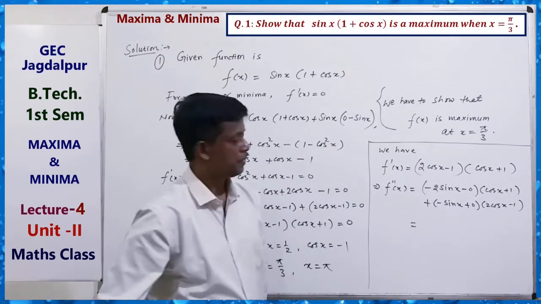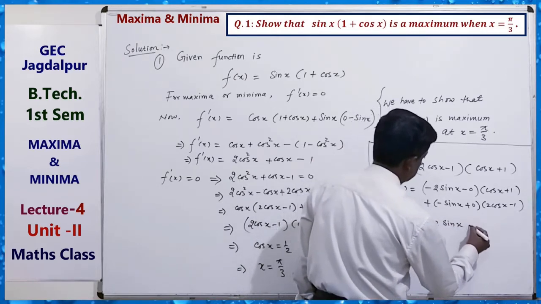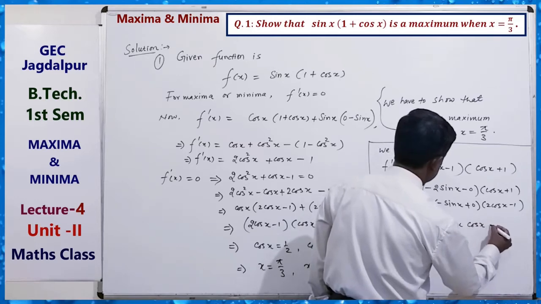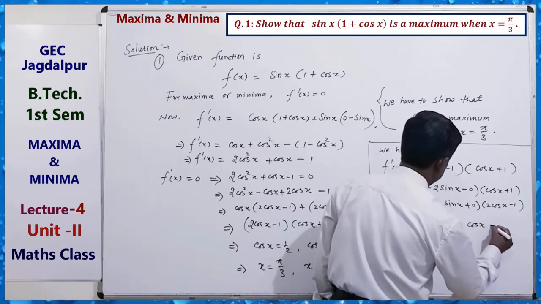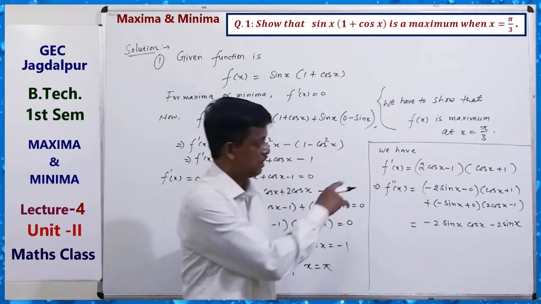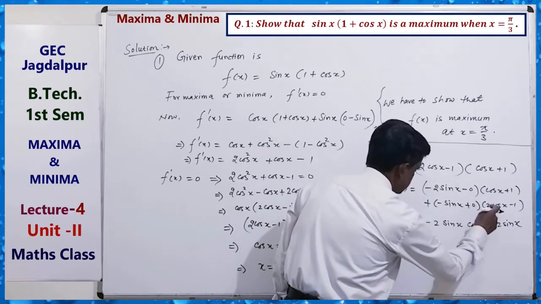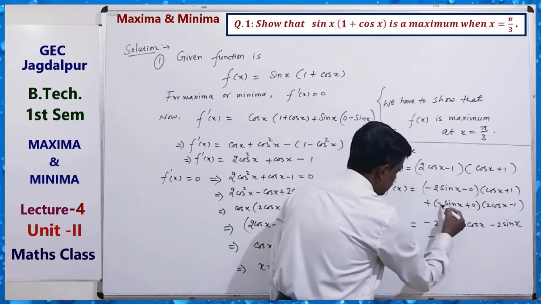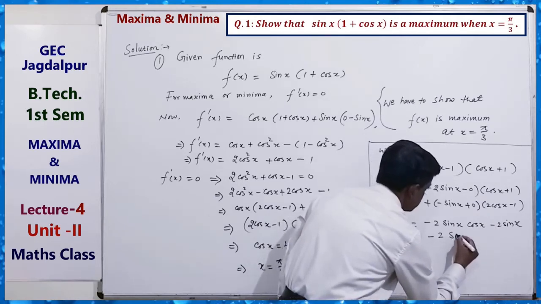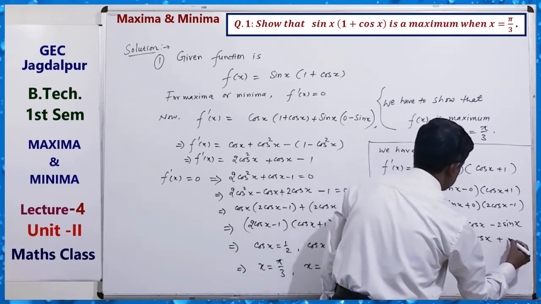So just solve it: minus 2 sin x cos x minus 2 sin x minus 2 sin x cos x plus sin x.